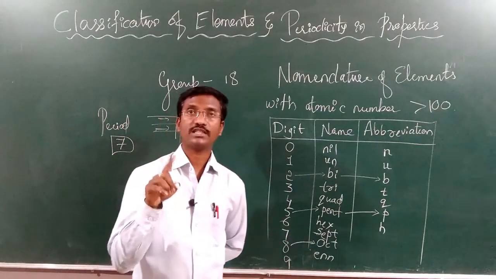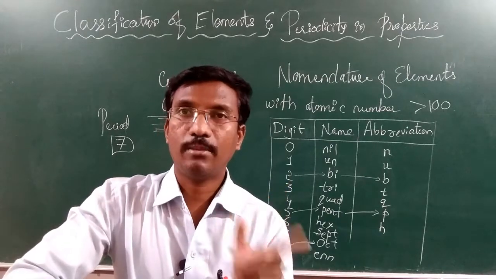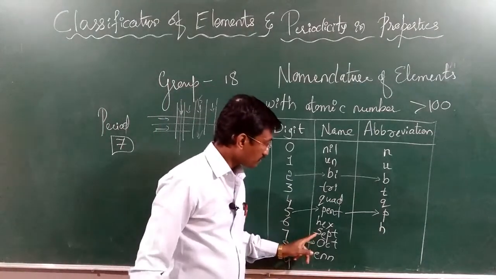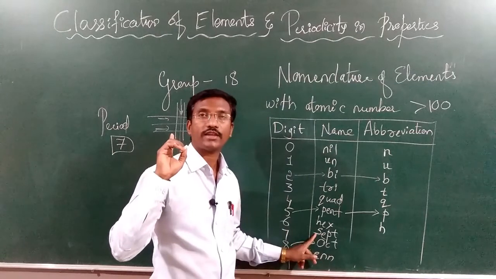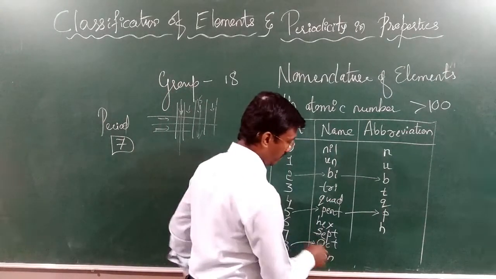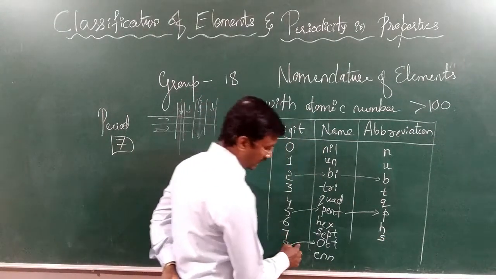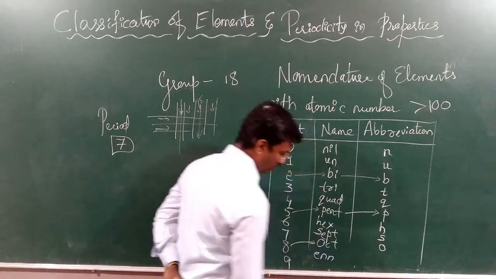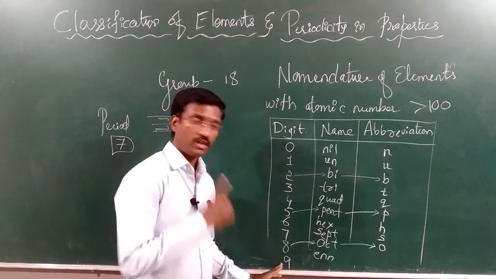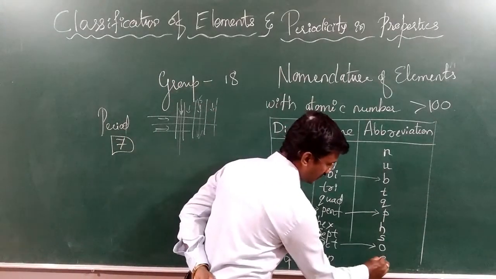Sometimes we use hept, as in organic compounds where seven carbon atoms are called heptane. But here for 7 we use sept, S-E-P-T, so the small letter is s. The 8th one is oct, small o. 9 is not non, as used elsewhere; here we use enn, E-N-N, so the first letter is e.